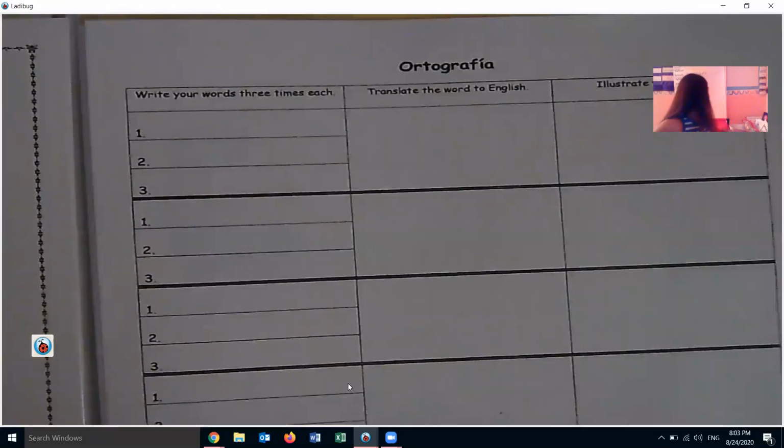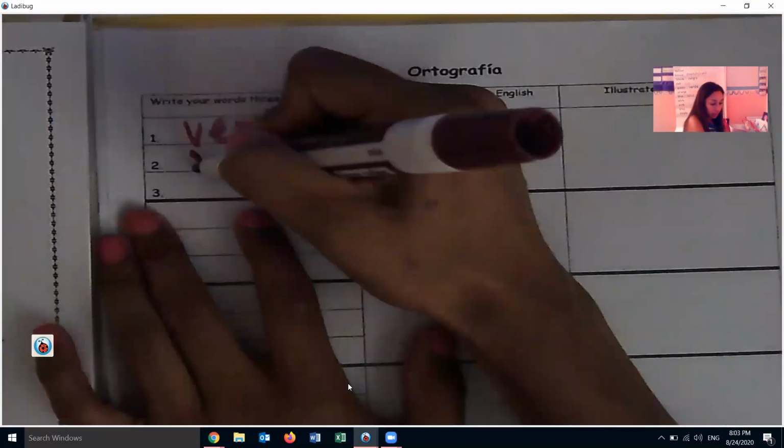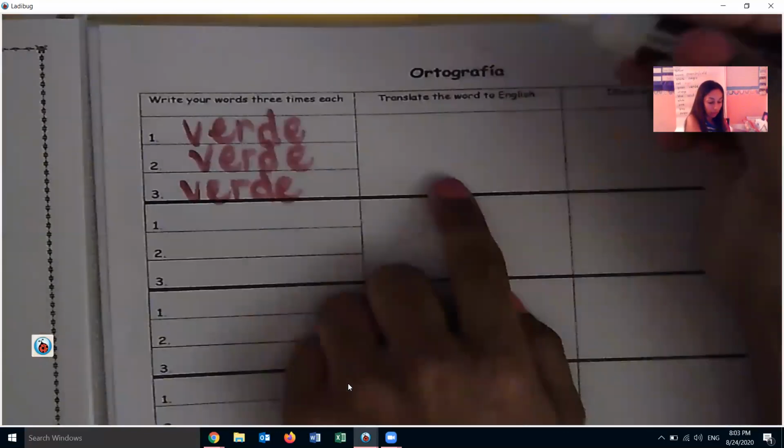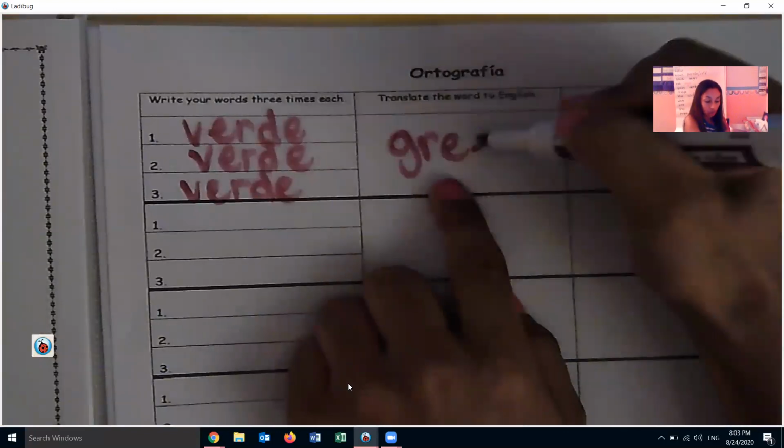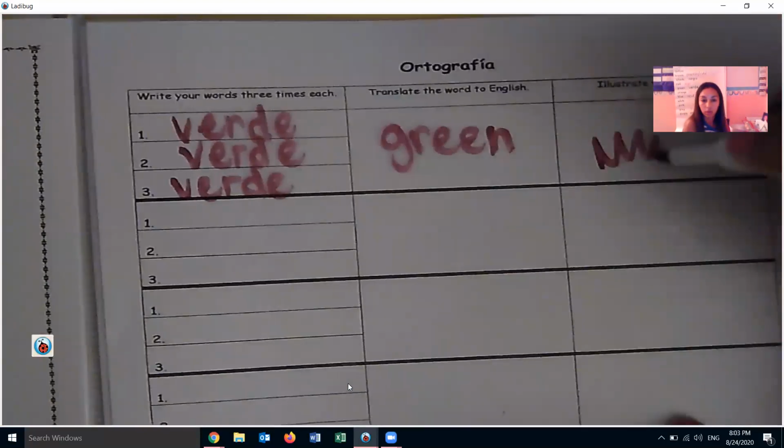Since I have the colors right behind me here, if I wanted to practice green, verde, I would write the word 3 times. So I'd write it in Spanish 3 times because that's what I'm practicing. Verde, verde, verde. And then I'll write it in English: green. And then it just says illustrate your word. So maybe I'll draw some grass, which is green.